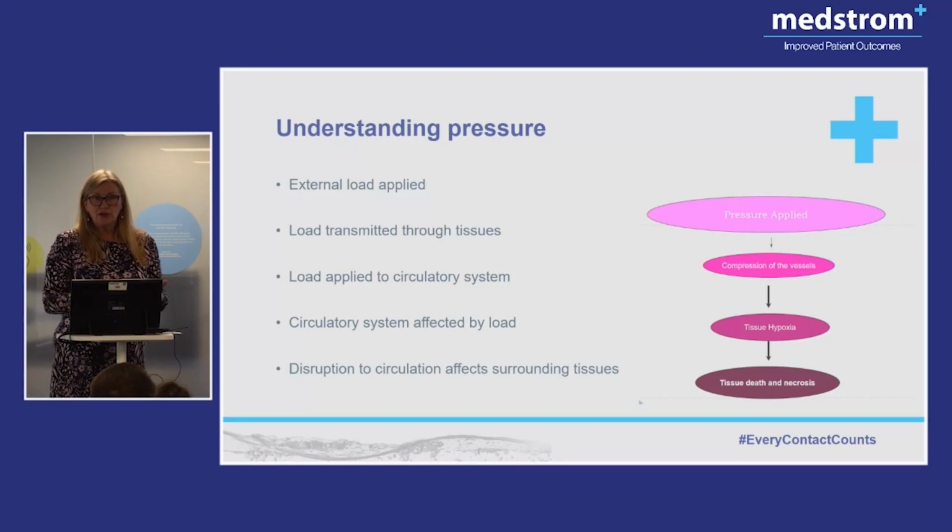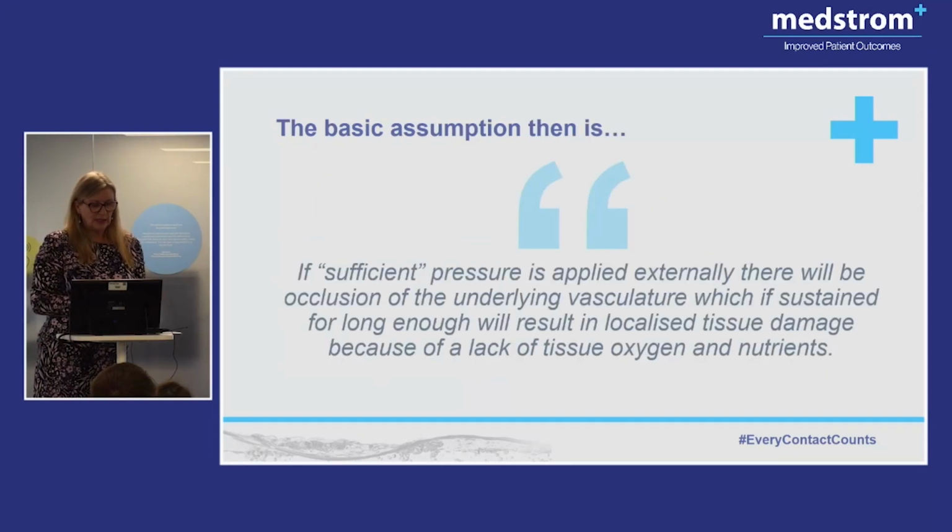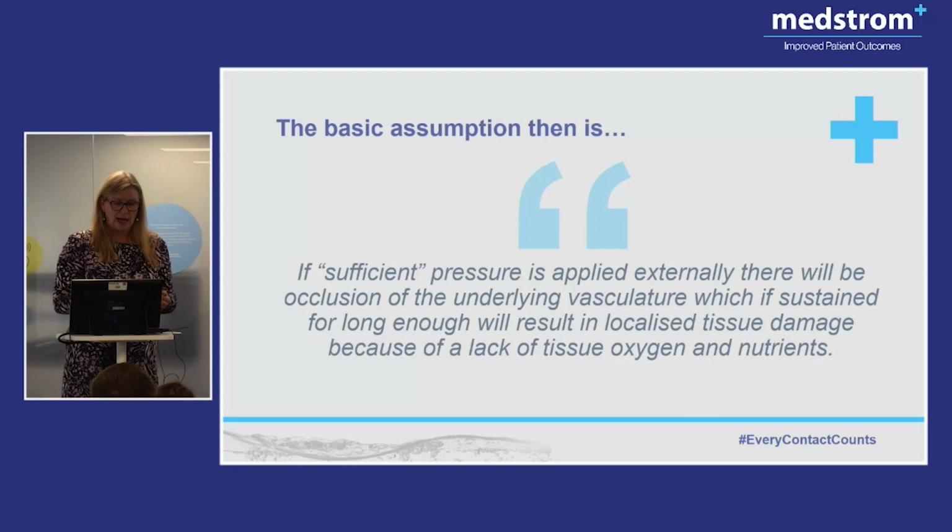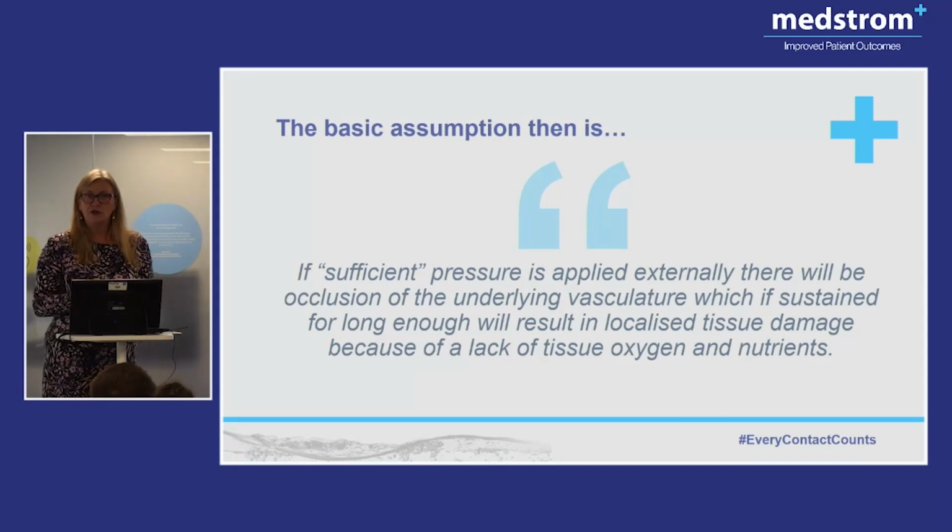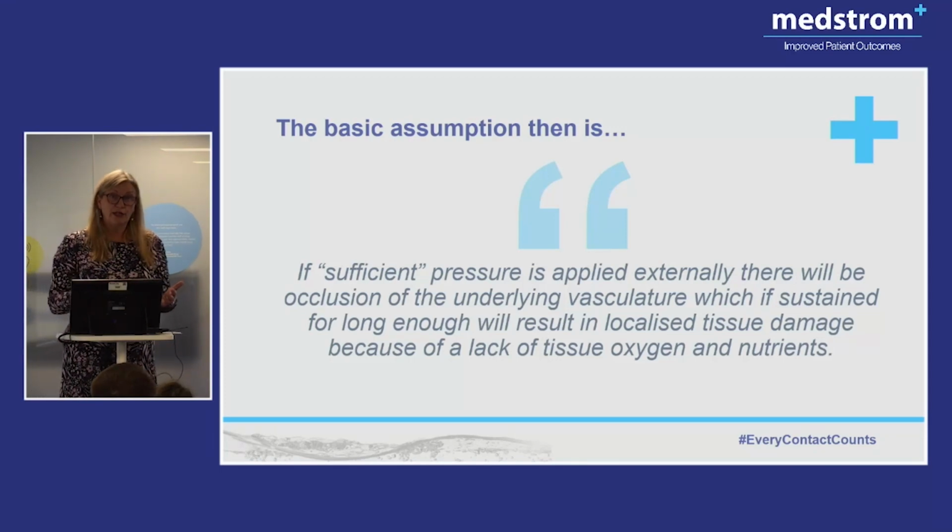But if you're unable to do that for any reason, the circulation is finally compromised enough to cause ischemia. The localized tissues die. So the basic assumption is if sufficient pressure is applied, there'll be occlusion of that vasculature and you will get localized tissue death and necrosis. And that's what we're all aiming to avoid. In pressure ulcer prevention, we don't want to get to that stage.